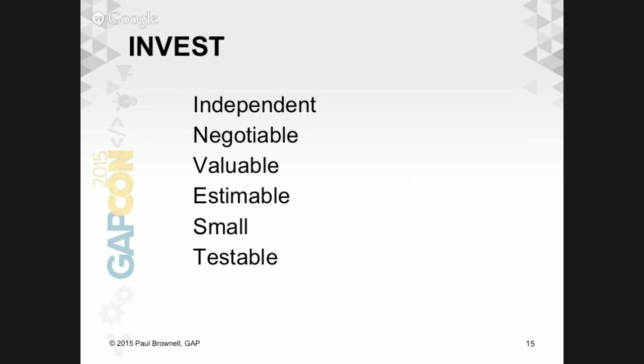So the example earlier of traveling from here to Cartago, to keep it at a level where we can have a discussion about what's the right architecture, what's the right mechanism for accomplishing this goal. So leave some room for negotiation and discussion so that you can benefit from the creative ideas of the entire team.